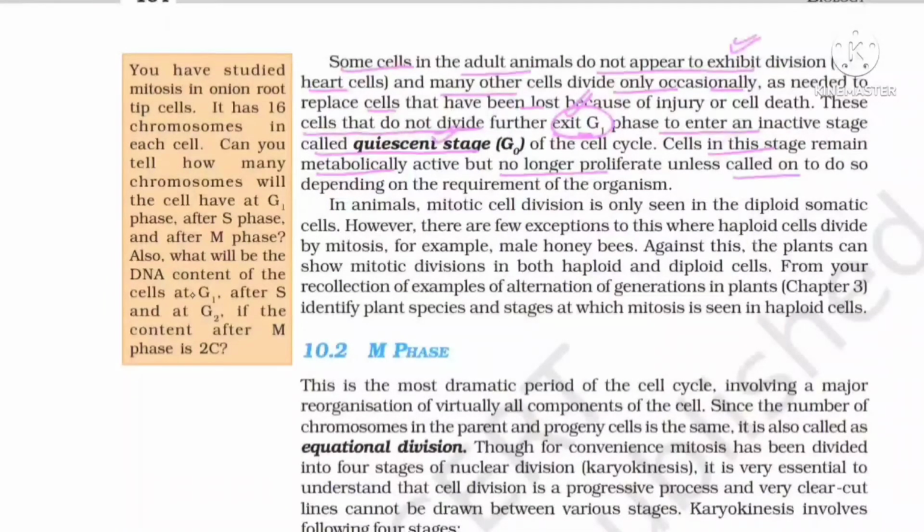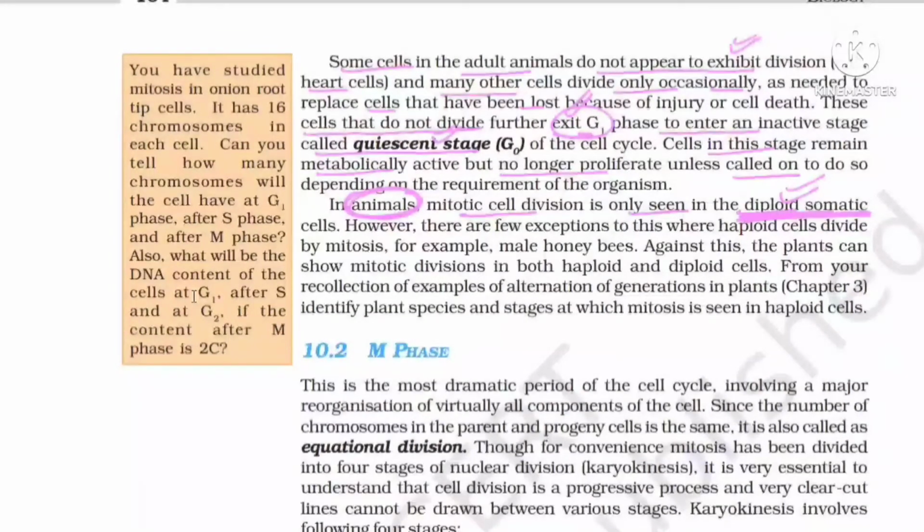Now, in animal cell, who will do the mitosis? In animal cells, mitotic cell division is seen only in the diploid somatic cell. But in plants, you know very well, plants have two types of body, haploid body and diploid body.